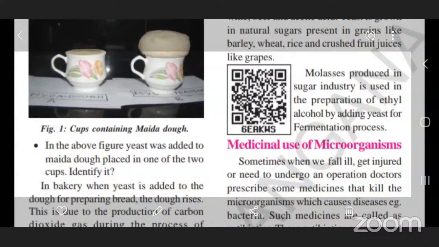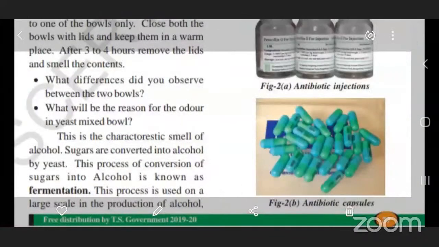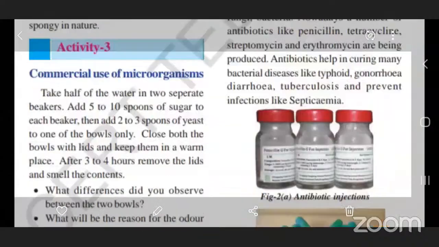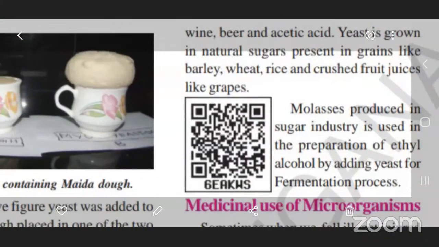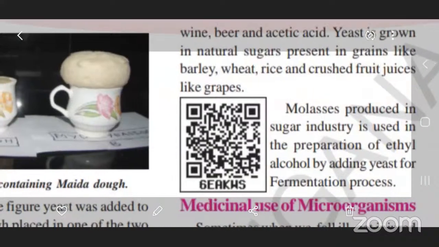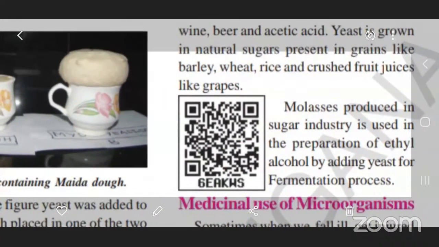This process is used on a large scale in the production of alcohols, not only alcohols but also wine, beer, and acetic acid. To prepare these, we will use the fermentation process.